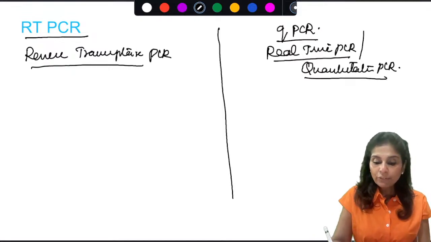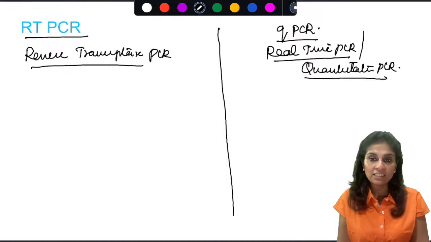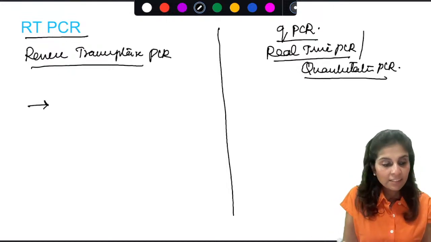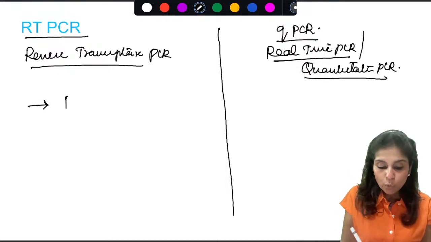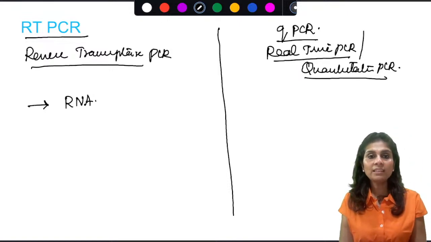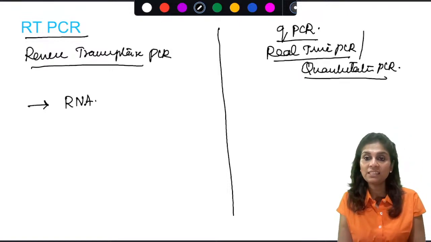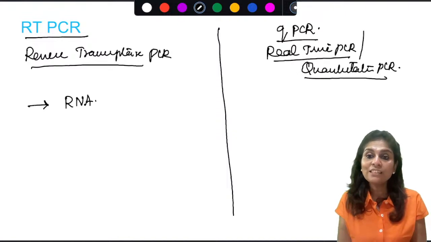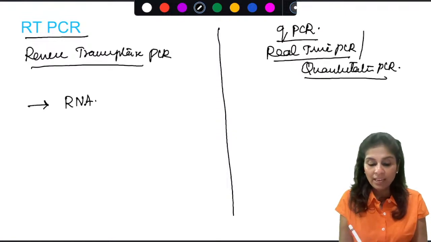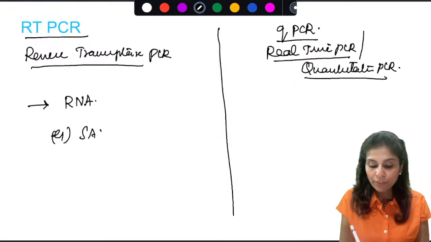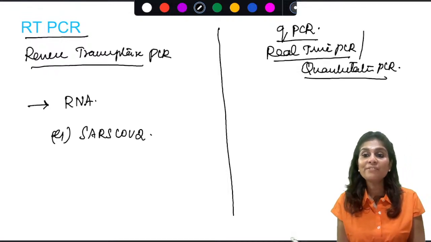So what are the differences between these two techniques? We use reverse transcriptase PCR when the nucleic acid of interest to you is an RNA. Do you understand this? We use reverse transcriptase PCR when the nucleic acid of interest to us is an RNA. Example is SARS-CoV-2 diagnosis, because SARS-CoV-2 is an RNA virus.